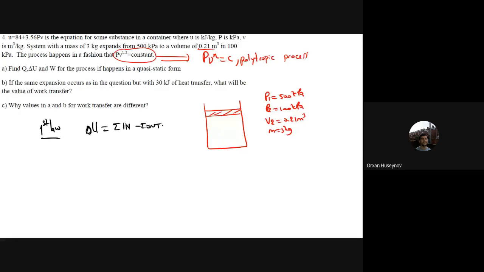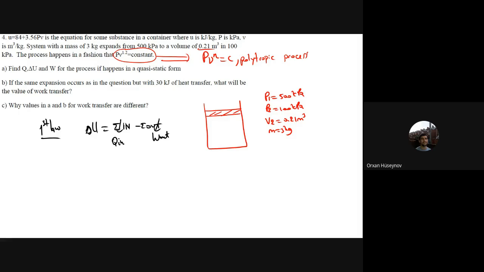For our process, we have an expansion process, and expansion is work out. Since we have an expansion process, there should be a heat transfer into the system, there should be Q in. This should be equal to delta U.